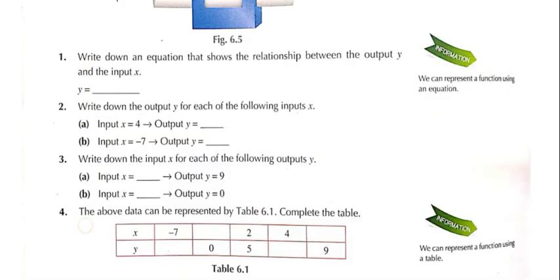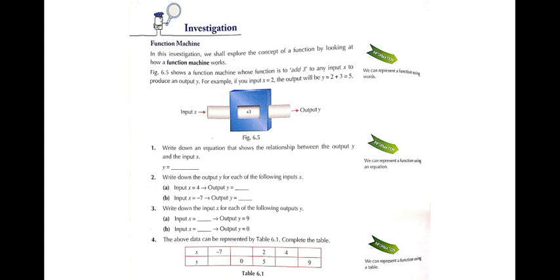Okay, now all that data can be represented by table 6.1 here. So they ask us to complete the table. So for this one, because you know the x, which is negative 7, add 3 to get the y, which is negative 4. For this one, because you know that the y is 0, you minus 3 to find the x.